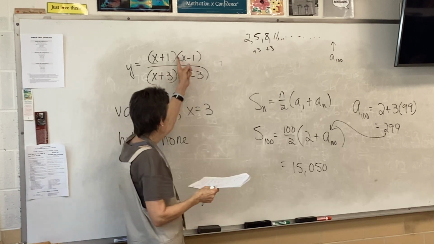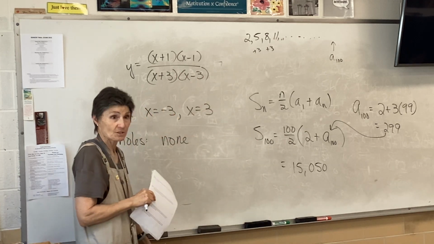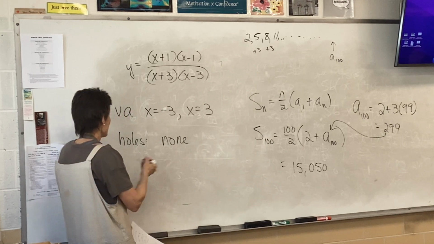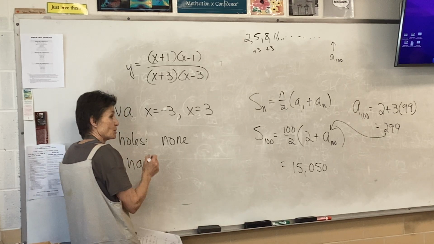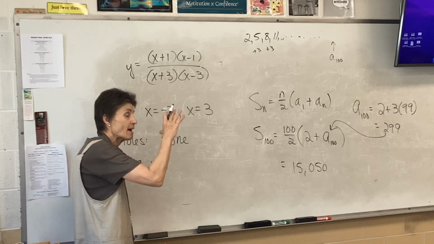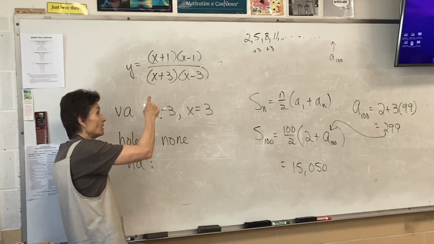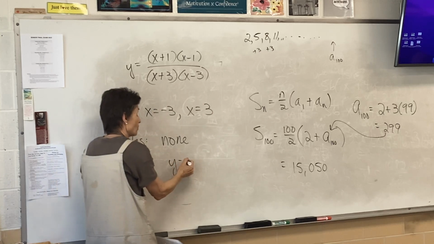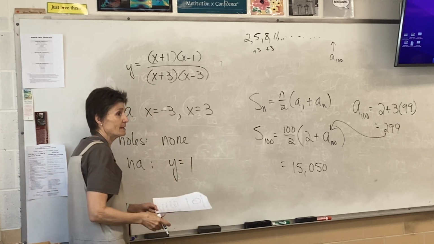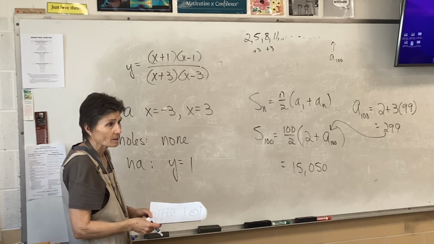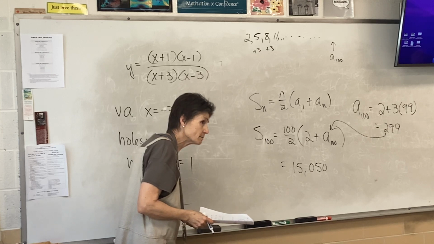You have to be able to cancel, remember? Another one is, what's the horizontal asymptote? Again, your exam is going to have one or two of these questions. What's the horizontal asymptote? Y equals 1. Isn't it x squared over x squared? That is also the limit, by the way.